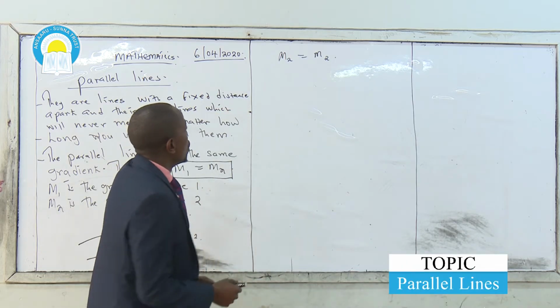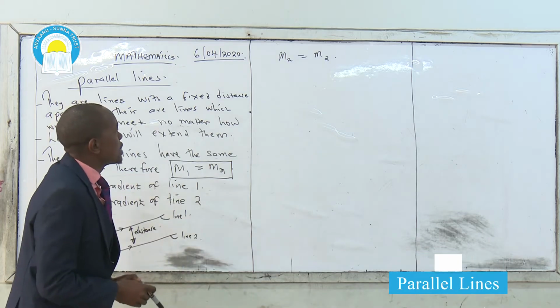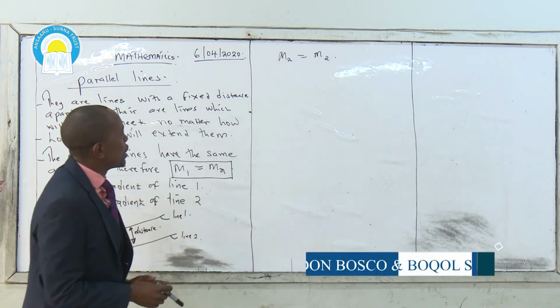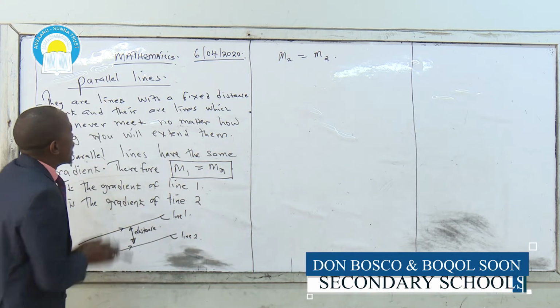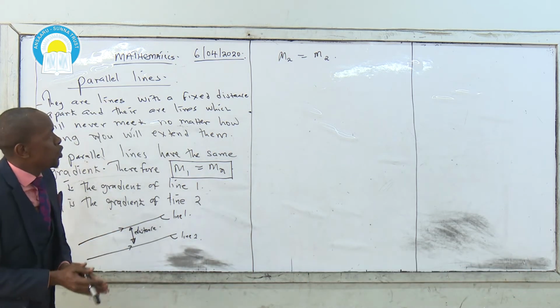Now, you'll be asked to determine if a pair of equations that you have been given are parallel lines. And how do you do that?